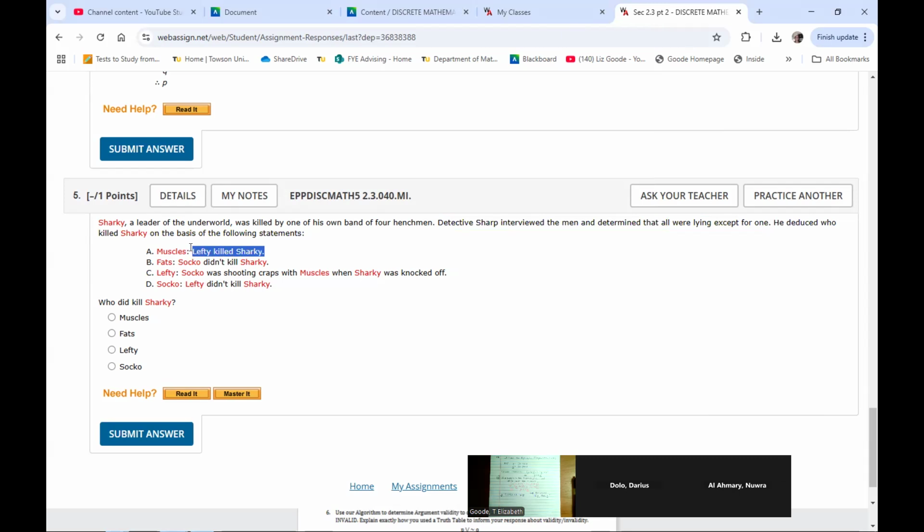And since Lefty killed Sharky and Lefty didn't kill Sharky are negations of one another, they have opposite truth values. One of these is true. We just don't know which one. But it does tell us that either Muscles is telling the truth or Sacco is telling the truth, which tells us right now Fats is lying and Lefty is lying.